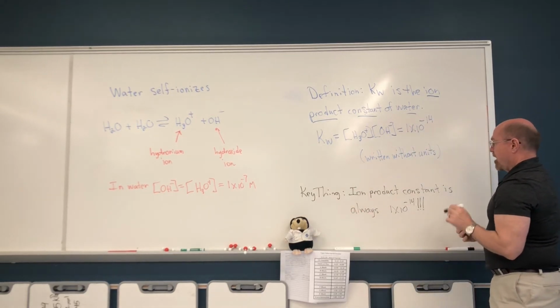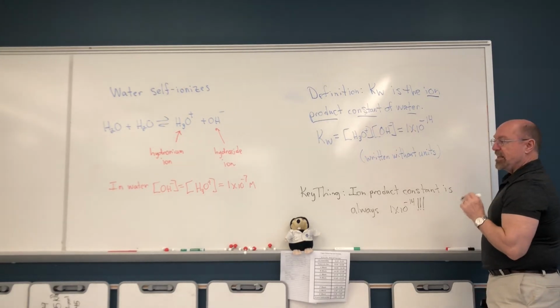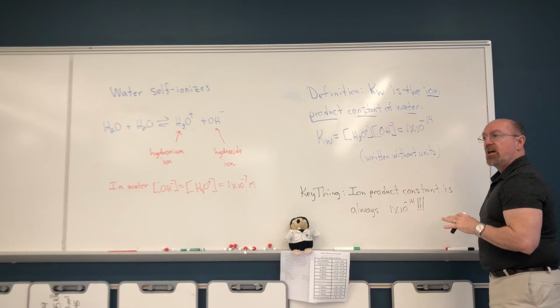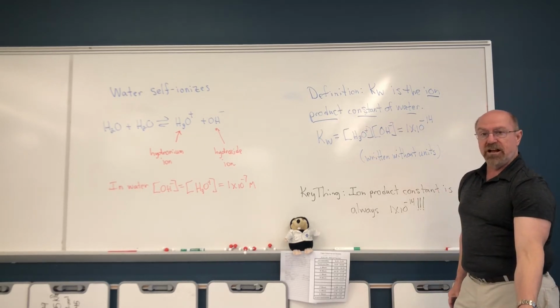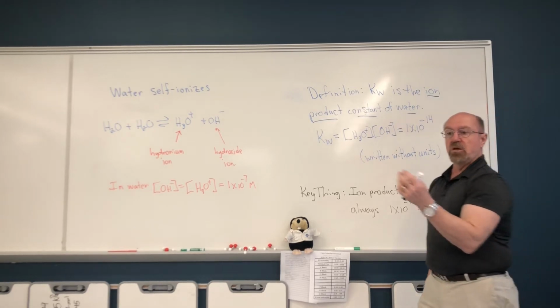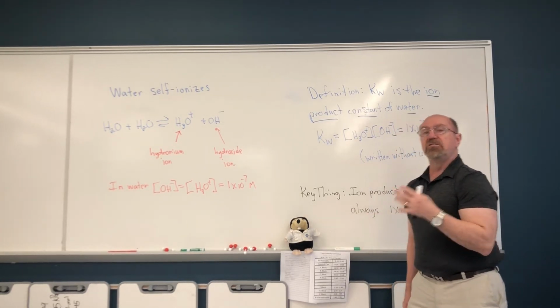All right? Now, that is going to be really key because it's going to allow us to actually calculate, for instance, the amount of hydroxide ions in an acid or base solution given the hydronium ions, and vice versa.